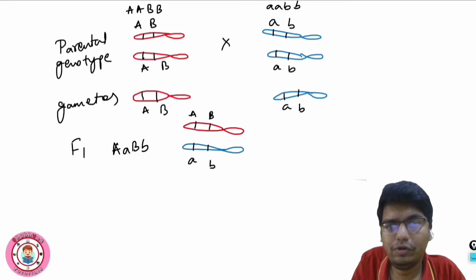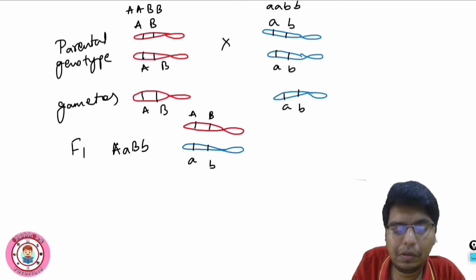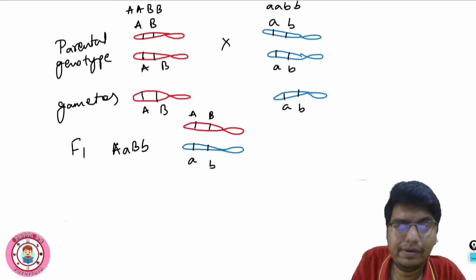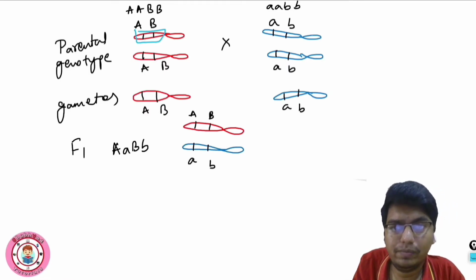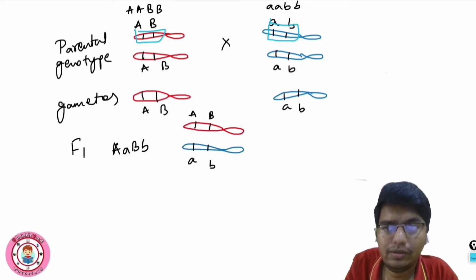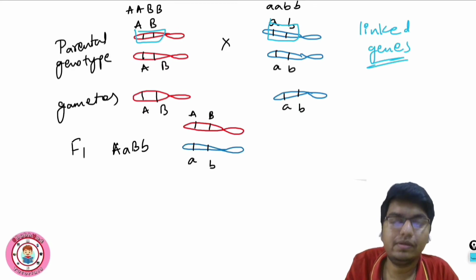So what we can say here, see these genes capital A and capital B, these are located on the single chromosome. Here small a and small b, and thus they are inherited together, right? Okay, they are not getting separated because they are located on the same chromosome. So this is known as linked genes. Okay, this A and B linked genes. They are located on the same chromosome.